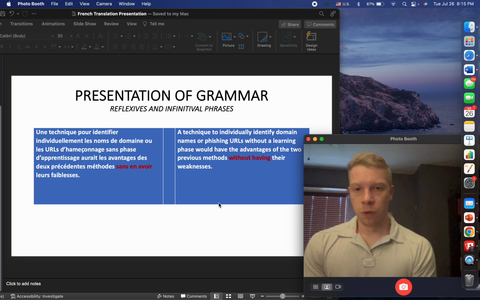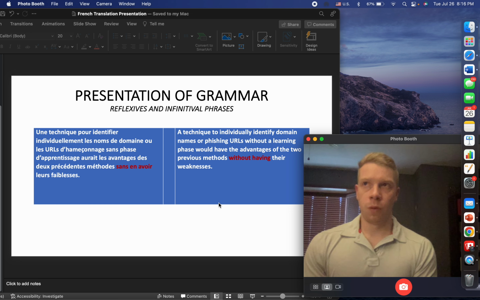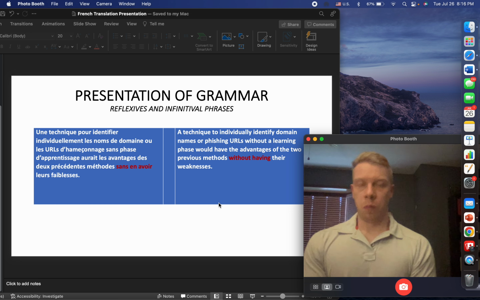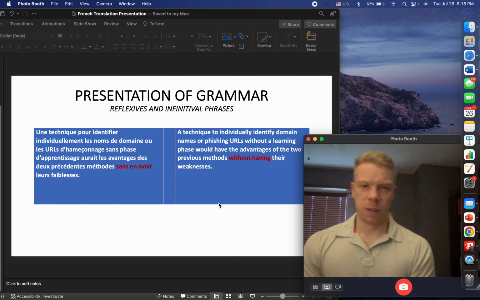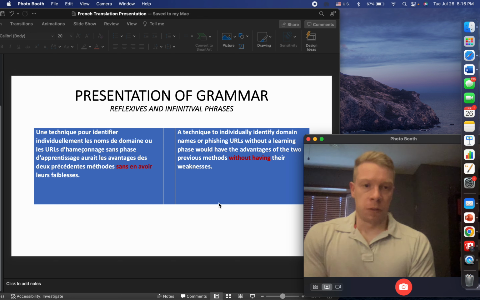I decided to include this example in this grammar presentation because I feel that even though in English we have a very different construction, this construction in the Romance languages and in French as well seems very logical, and even though it's completely different and not something that in English is even possible without "to have," it seems very logical in French, and it's understandable.